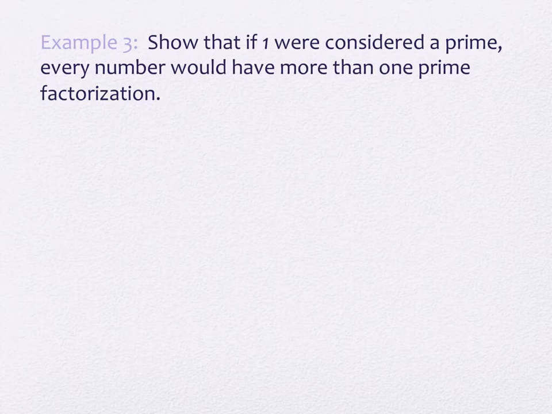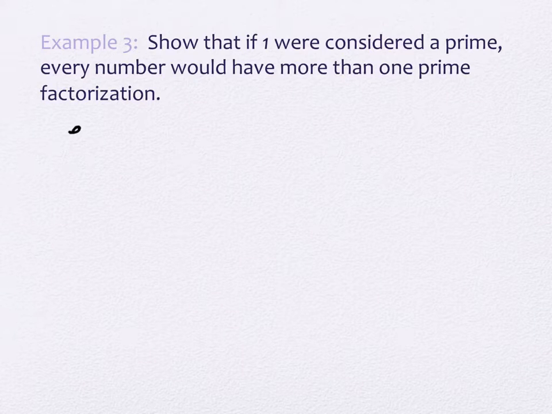Example 3 is kind of interesting. It's kind of a part C kind of question. It says to show that if the number 1 were considered a prime, because lots of people want it to be prime. I've argued with students about the fact that it's not prime by definition before. And the reality is you don't want it to be prime. So if 1 were considered prime, then every number would have more than one prime factorization.